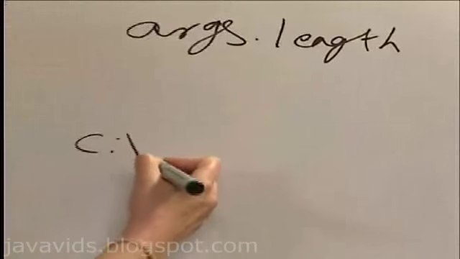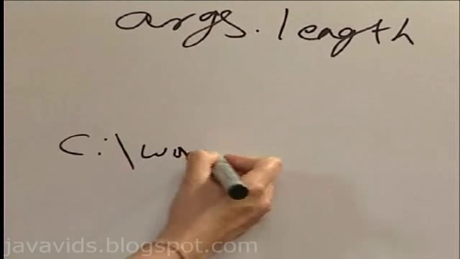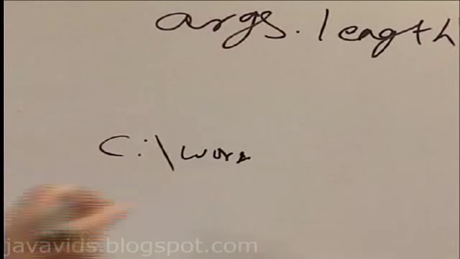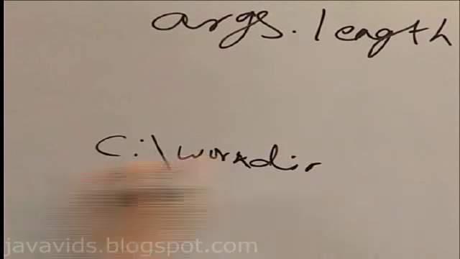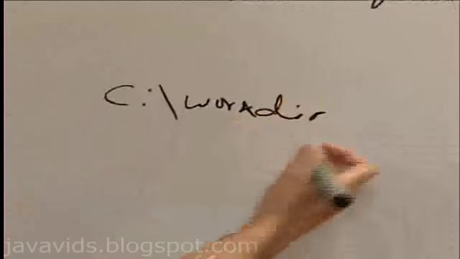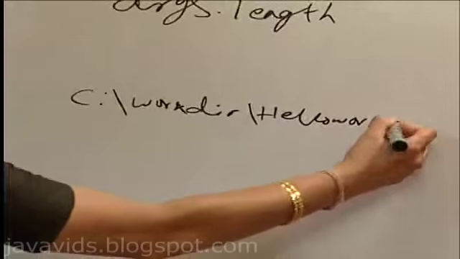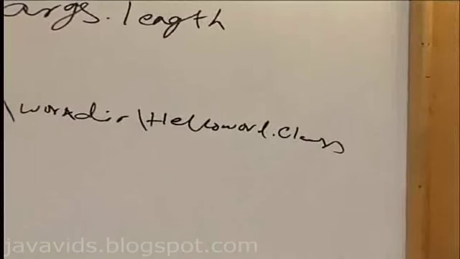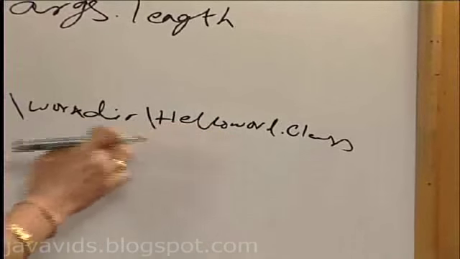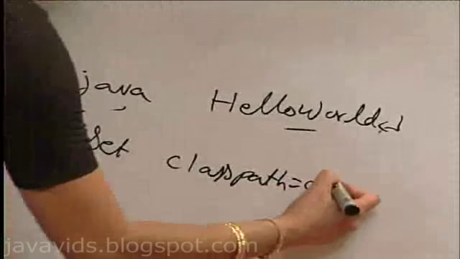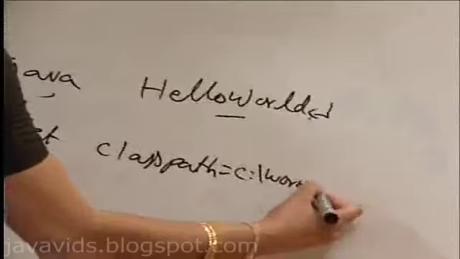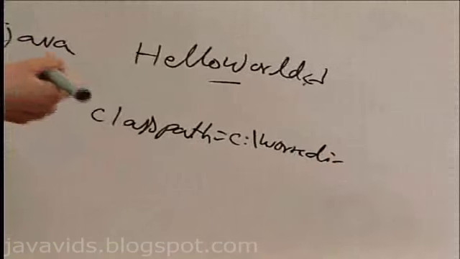Let's assume that we are under the C drive, work directory. Under this we have the HelloWorld.class file. So in order to say that HelloWorld is under the work directory, you specify C:/workdir.